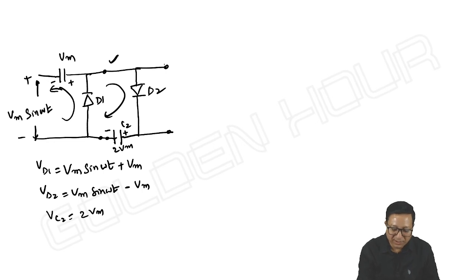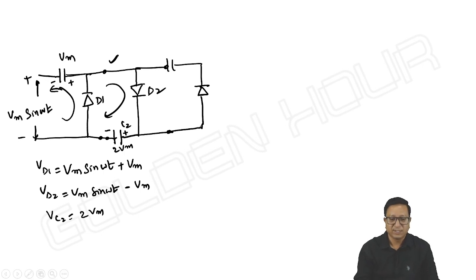a positive clamper. Now here alternatively, see, one capacitor has come here, the next capacitor is coming here, the next capacitor has to come here. Positive clamper means the diode is directed upwards. That's it. It is C3 D3. Vd3, the voltage across diode D3, is equal to Vm sin omega t plus Vm.